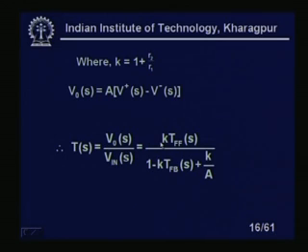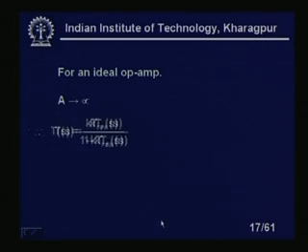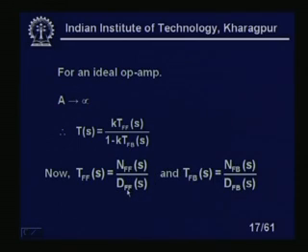So, this can be written as k TFF(S) upon 1 minus k TFB(S) plus k by A. For an ideal op amp, I can assume that A is infinite, then I can write T(S) equals k TFF(S) upon 1 minus small k TFB(S). Now, TFF(S) can be written as NFF(S) upon DFF(S), and feedback transfer function TFB(S) can be written as NFB(S) upon DFB(S).